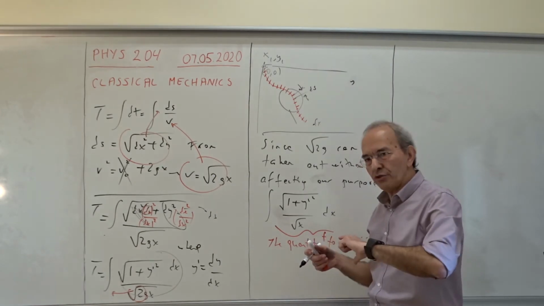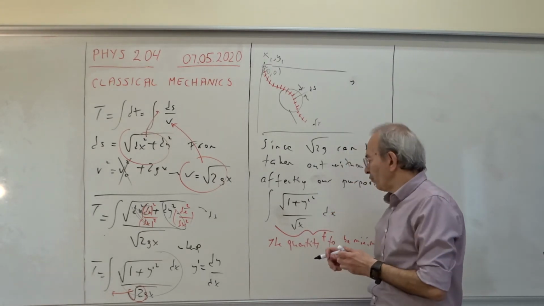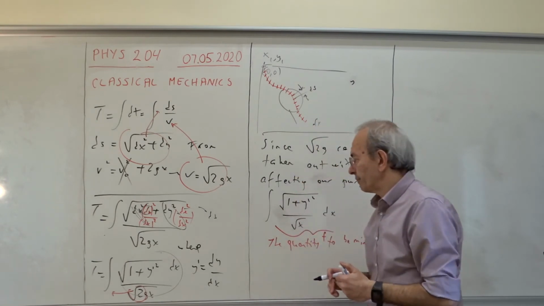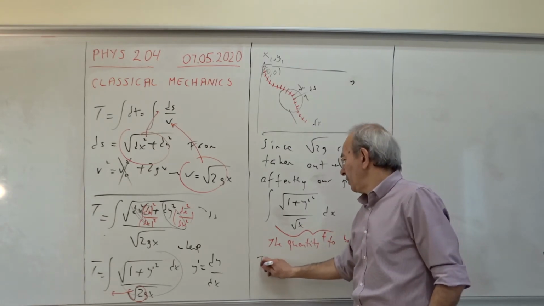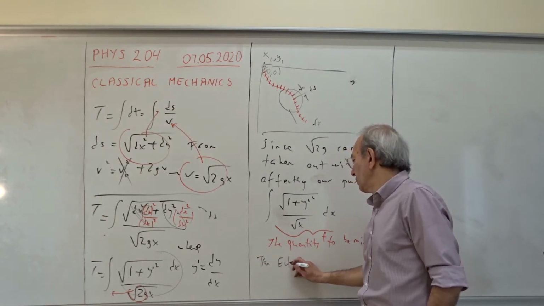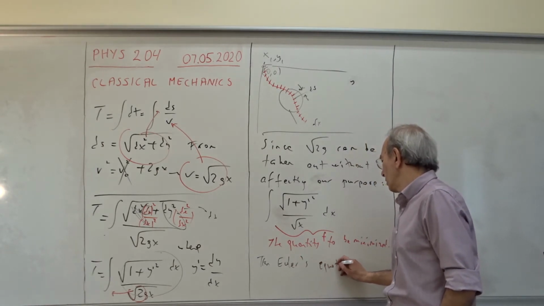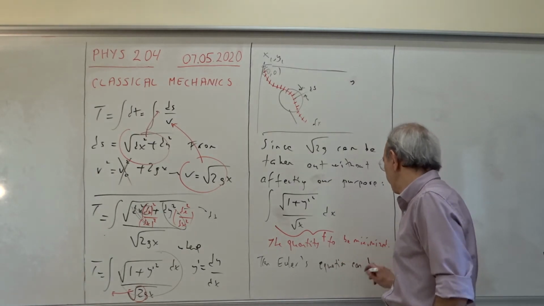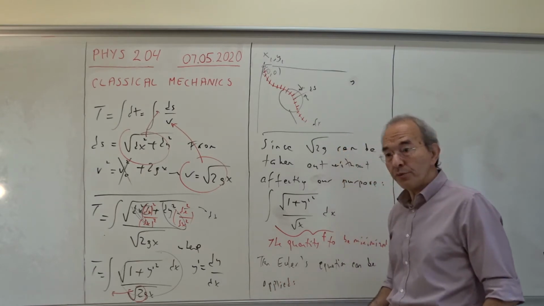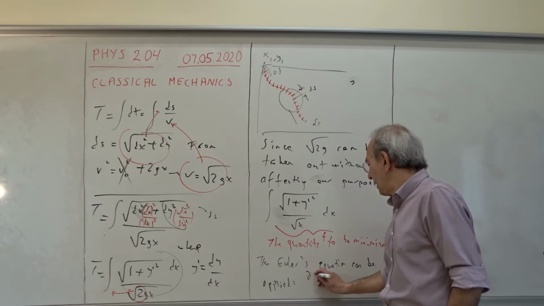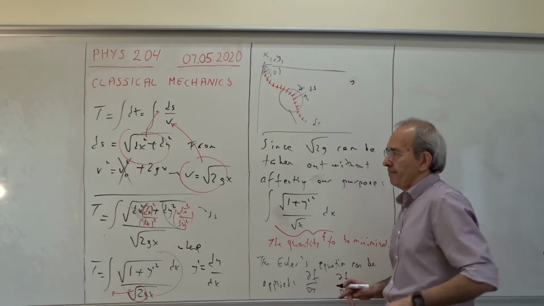Because it is a function of x, but x is also a function of t, so it's a functional. Therefore, apply the idea of Euler's equation. Lagrange's idea, but Euler's equation for the functions. For this purpose, we need two derivatives: del f by del y and del f by del y prime.